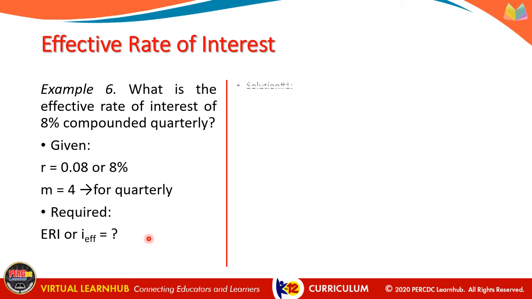We will have two solutions for example number 6. For solution number 1, we will first compute for i, our interest rate per period, that is r over m, which is equal to 0.08 over 4, and that is 0.02 or 2% per quarter.